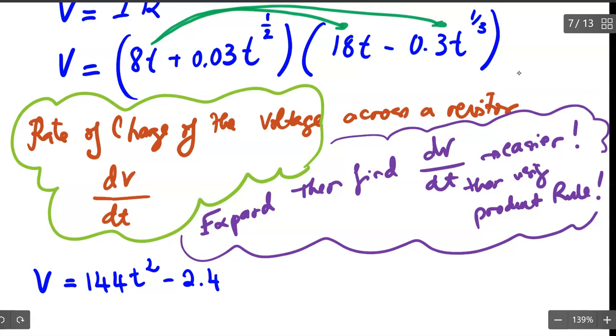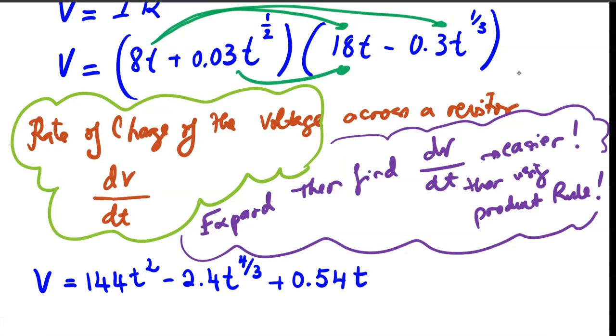Then I will write 2.4 t raised to exponent 4/3, because I have 1 plus 1/3, so I have 4/3. My next step is I have this value multiplied with each other, so I should have plus 0.54 t to the exponent 3/2, because a half plus 1 gives 3/2.